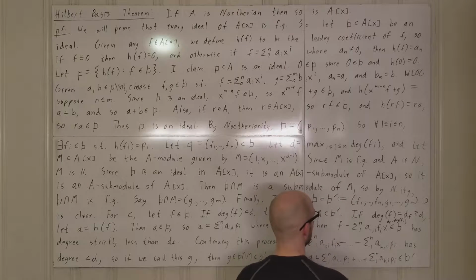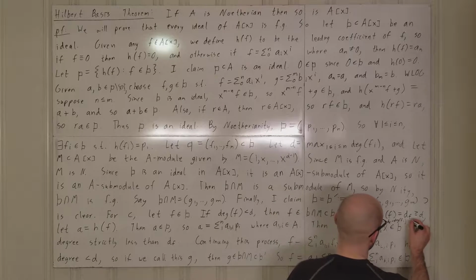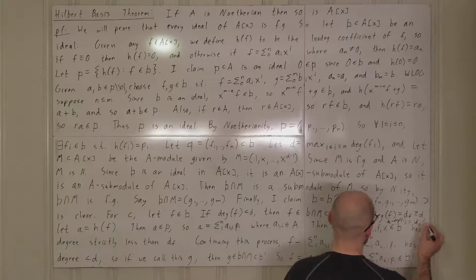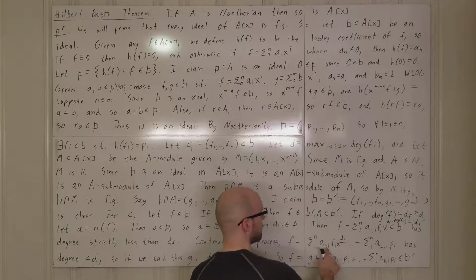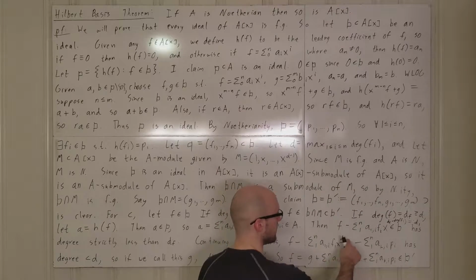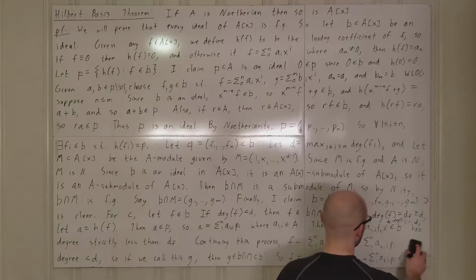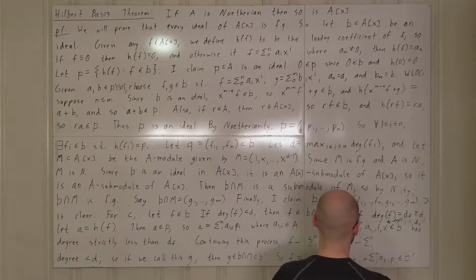Here, we'll call it di. We'll define this to be di. So this is a_i fi x to the di minus blah blah blah, and this will be a sub ki.